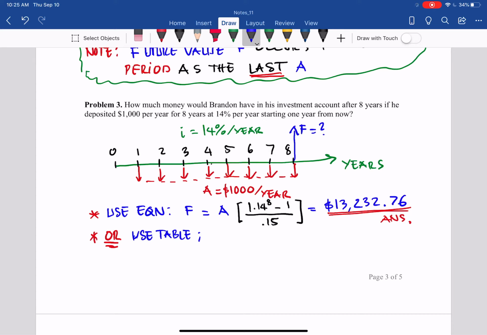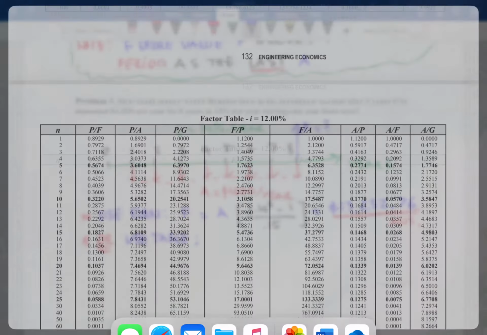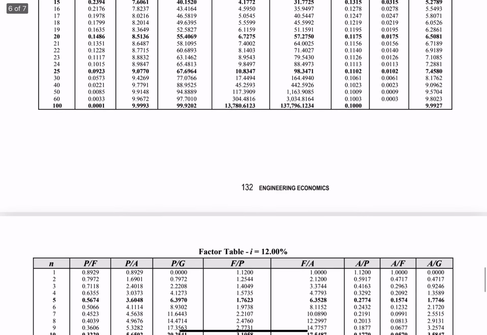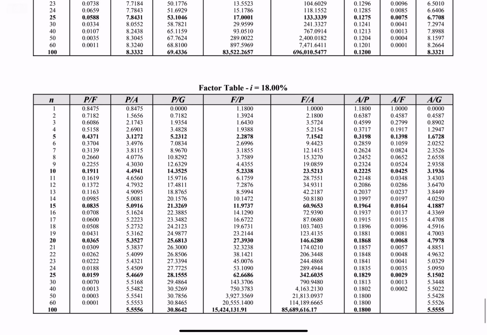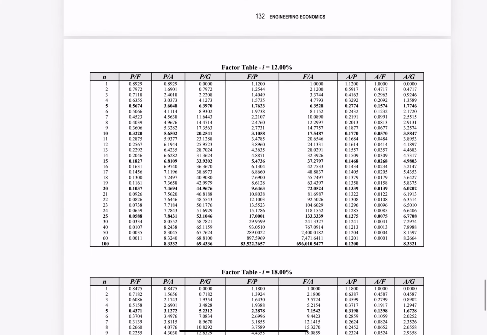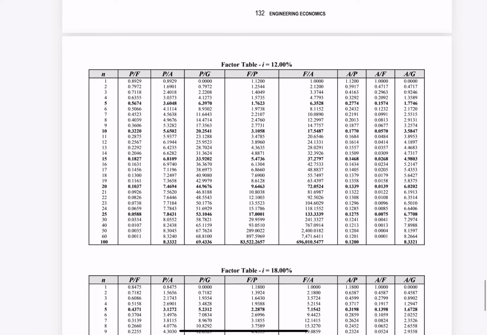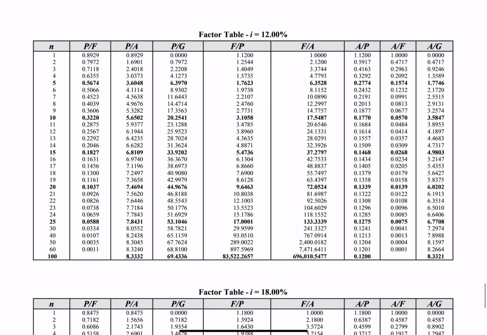So use the table, and of course we look for 14%. So go to 14%. You have 10, 12, 18. So the reference doesn't have 14%. So how can we do it? We just interpolate. Okay, so the 12%, and F over A for 8 years.